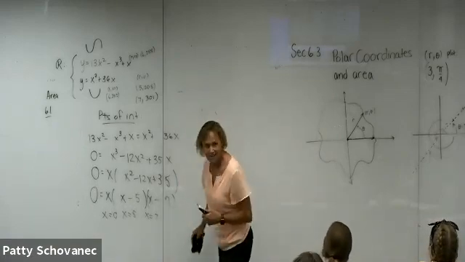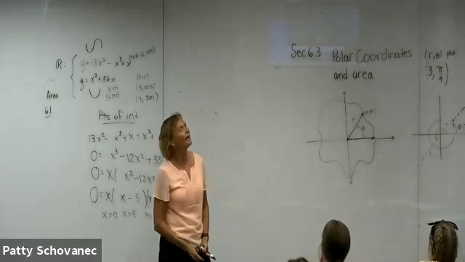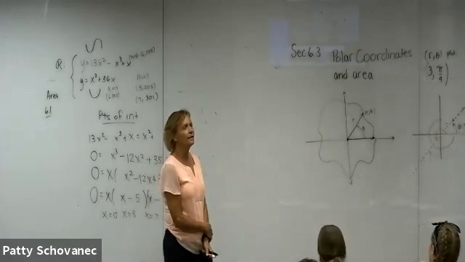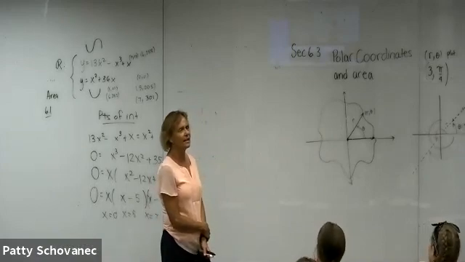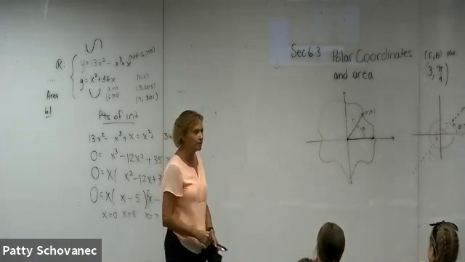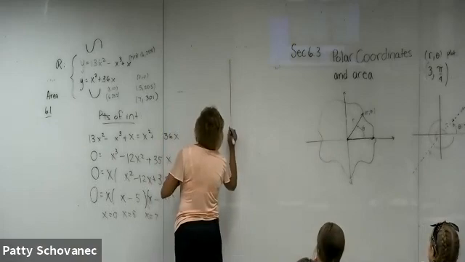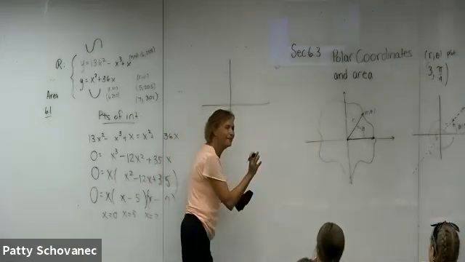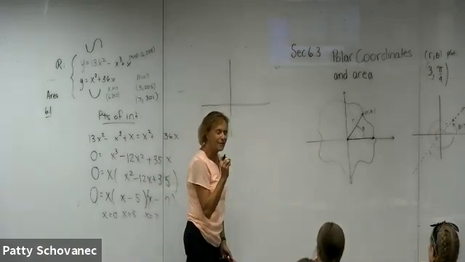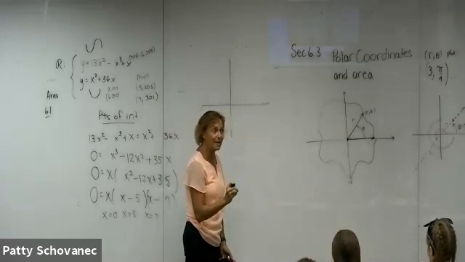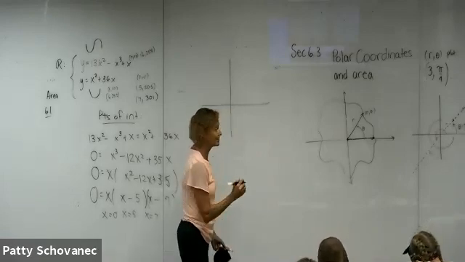Okay, in rectangular coordinates, an example of a point in quadrant 3 is x is -1, y is -2. So what I'm going to get you to do now is think, if I give you a point in rectangular coordinates, how can you represent it in polar coordinates?